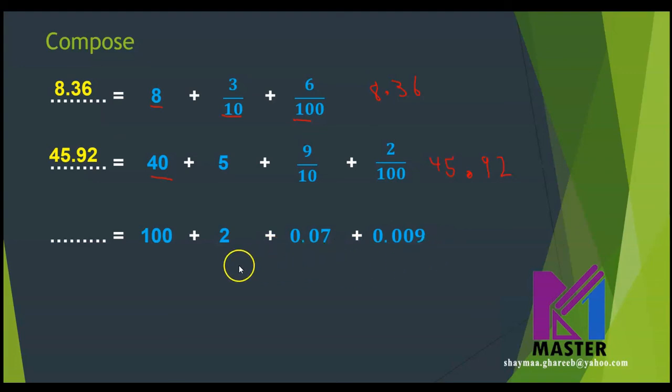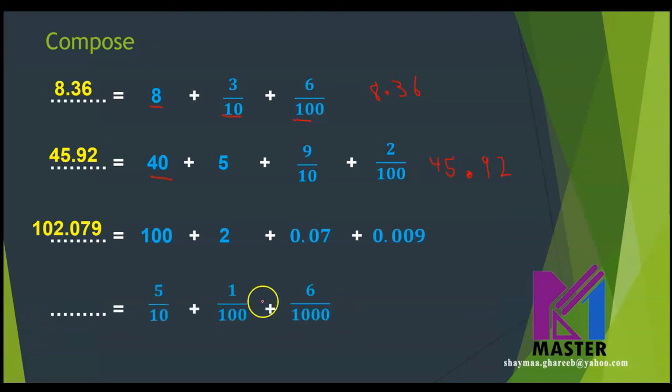Then I will put the 7 in the second decimal place, which is the hundredths. Then the 9 in the third decimal place, which is the thousandths. So my number will be 102.0 in the tenths, because we don't have tenths, 7 in the hundredths, and 9 in the thousandths.